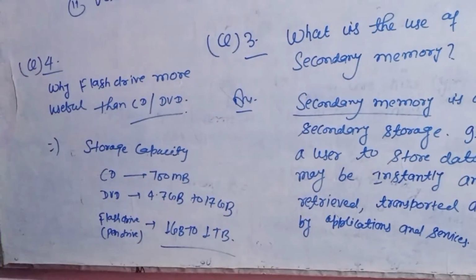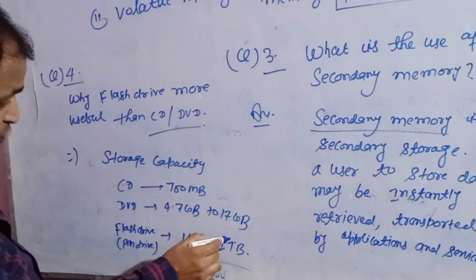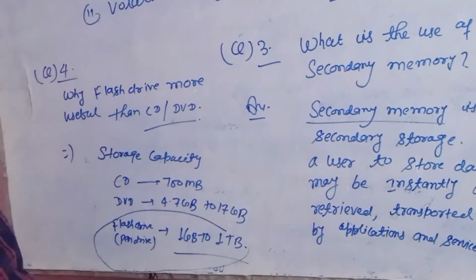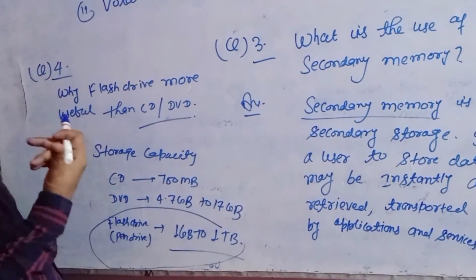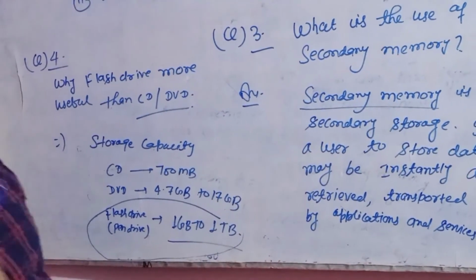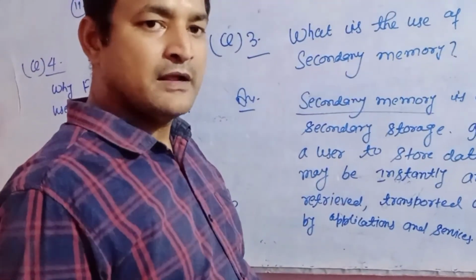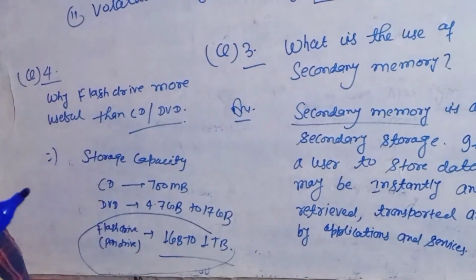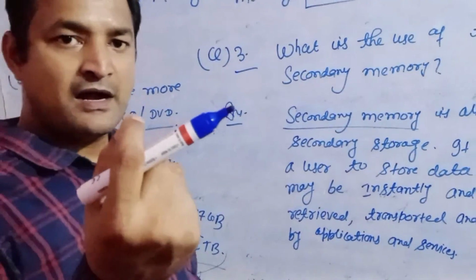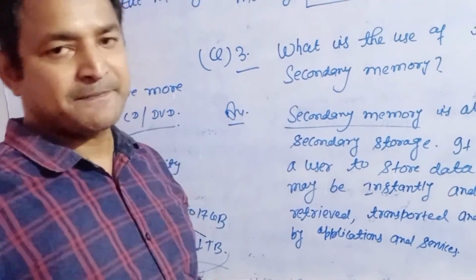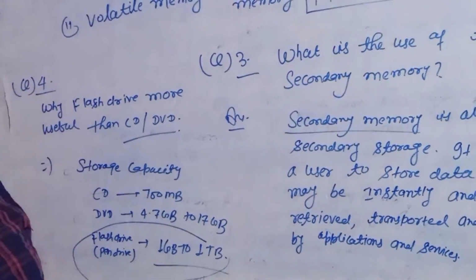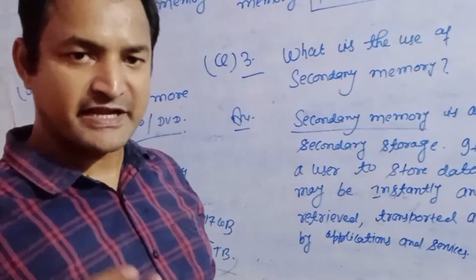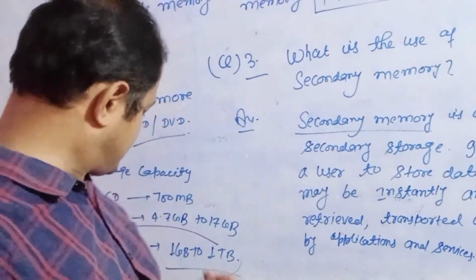This is the main point, because I can store a huge amount of data. So the flash drive is more applicable and easily kept in the pocket, a small disk that I can keep in any small place.